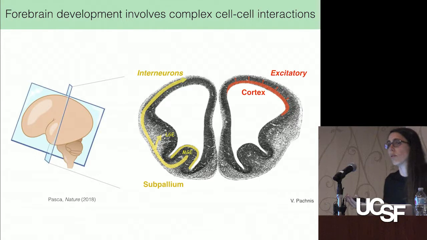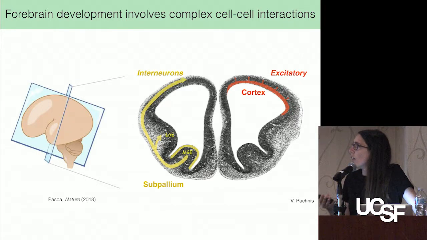And so now we know, or we're starting to get an idea, that any disturbances to this process can lead to excitation to inhibition imbalances and therefore possibly contribute to epilepsy and other disorders like autism spectrum disorders.